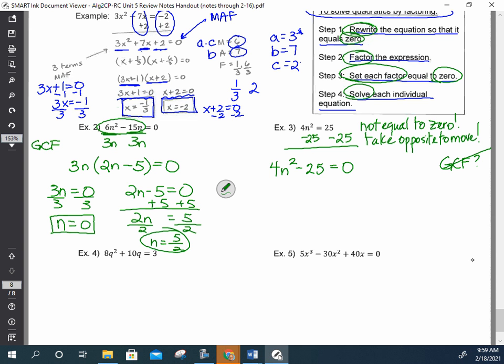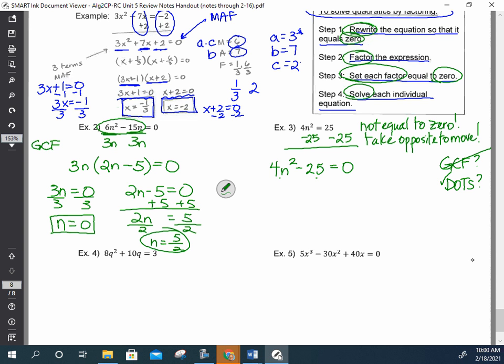We have two terms, so maybe difference of two squares can work. We've got a minus sign, and we've got 4n squared and 25, which are perfect squares. That's the difference of two squares.